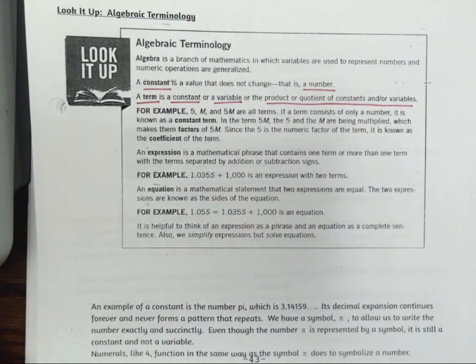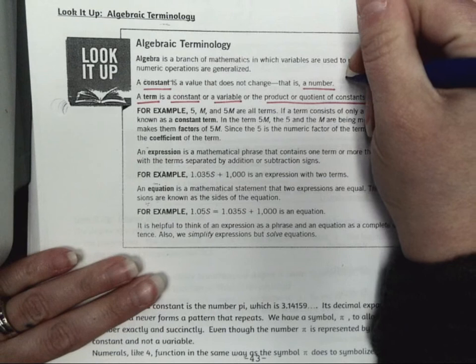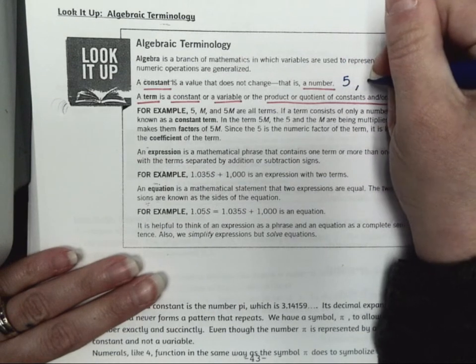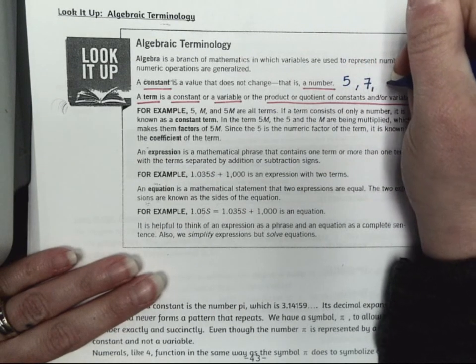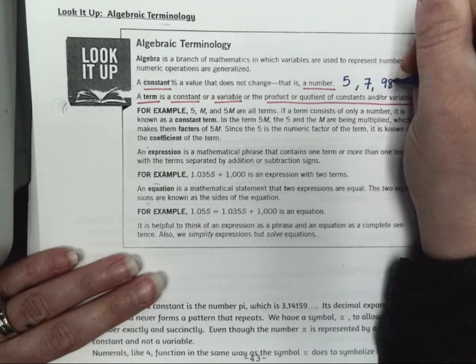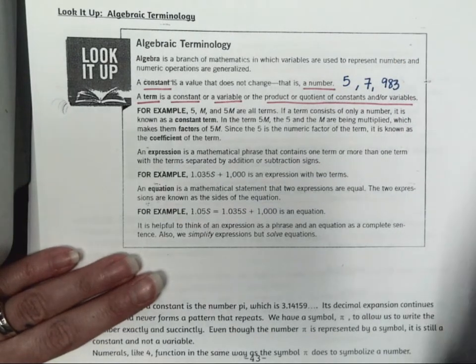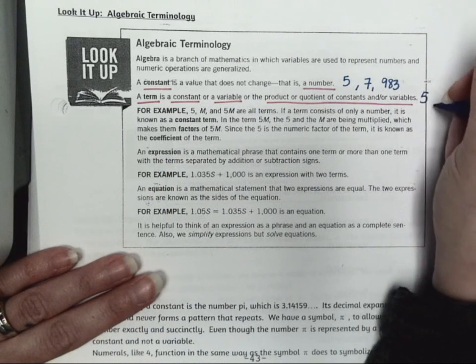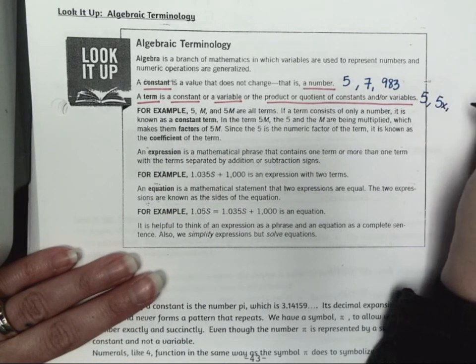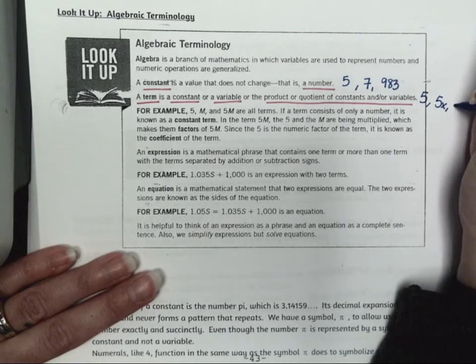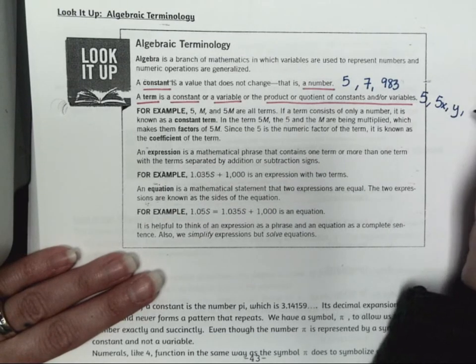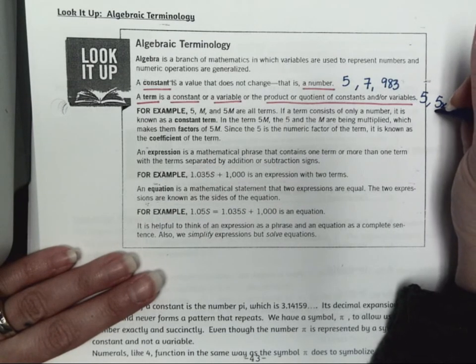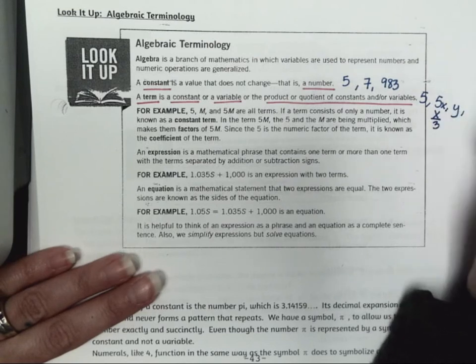I'm going to clarify, starting with the constant. A constant might be something like 5 or 7 or 983. A term can be something simple like 5, or 5x, or just the variable y, or something like x over 3.